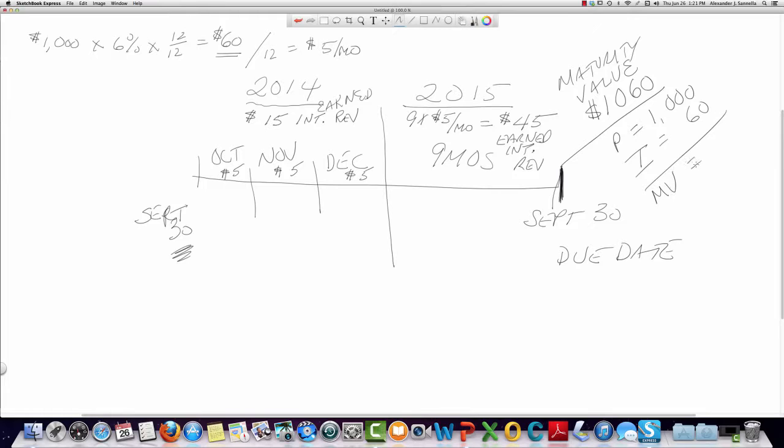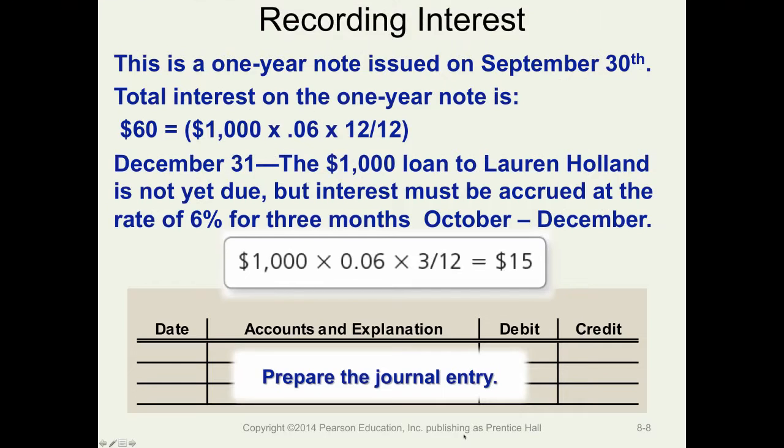Maturity value is 1060. That's the maturity value of the note. So, again, interest is accrued and earned $15 in 2014, $45 in 2015, but you collect the full amount at that date.